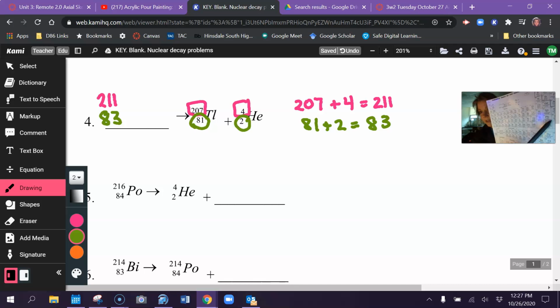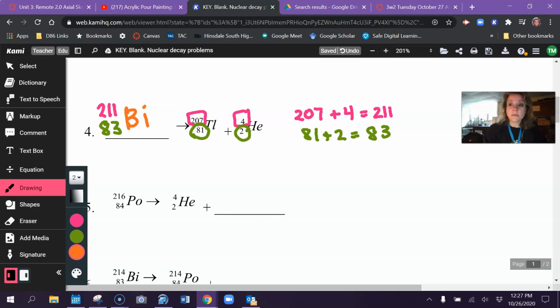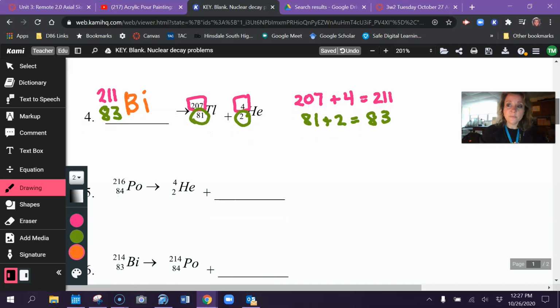And there it is. Atomic number 83 is bismuth. So the thing to remember is that your atomic numbers on the right of the arrow have to equal the atomic number on the left. And the mass numbers also have to equal across the arrow.